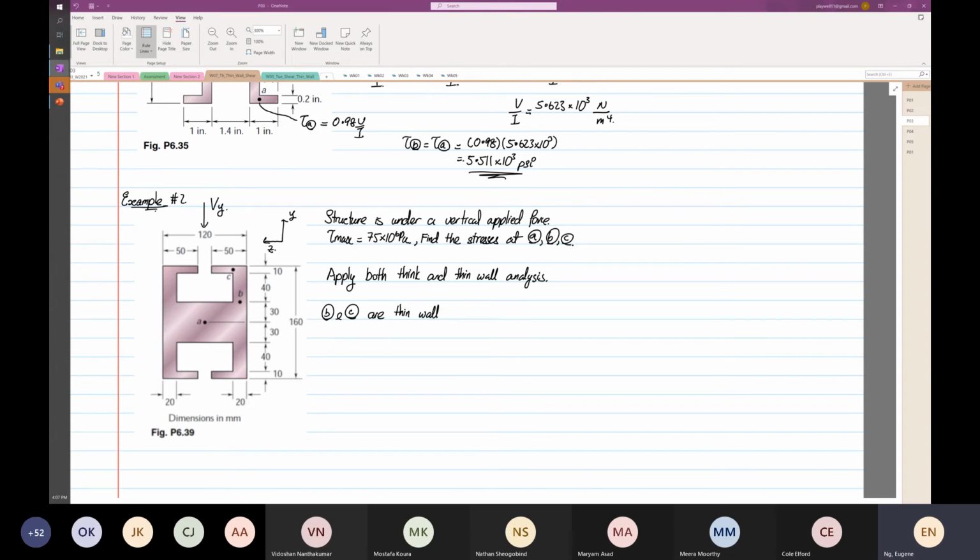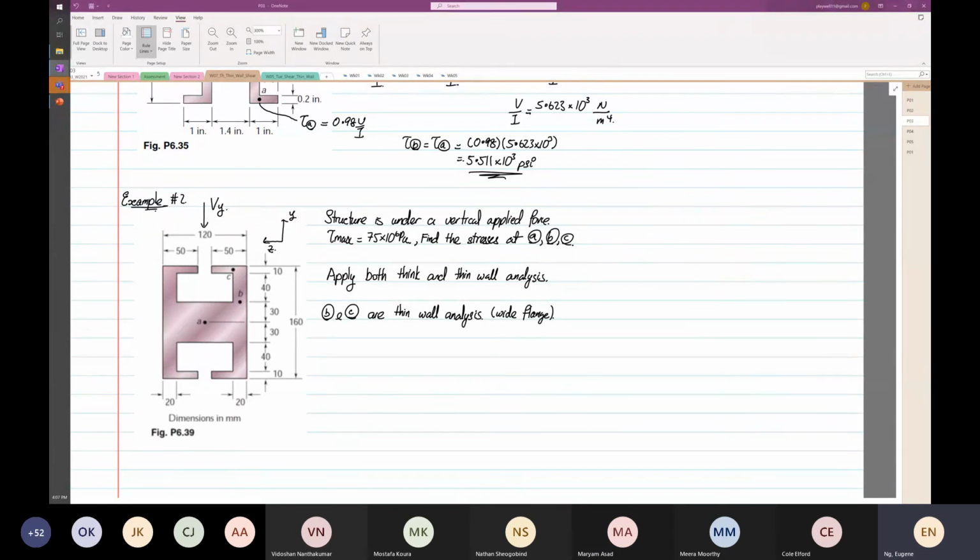Question for you guys. Box beam or wide flange? Anyone? Box beam or wide flange? Is it both again? No. It's wide flange.